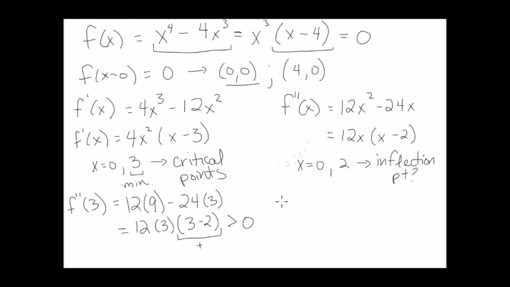I'm just going to pick 2 points. When x is equal to 1, I'm going to look at the first derivative's value. I get 4 times 1 minus 3 is negative 2, so that's less than 0.